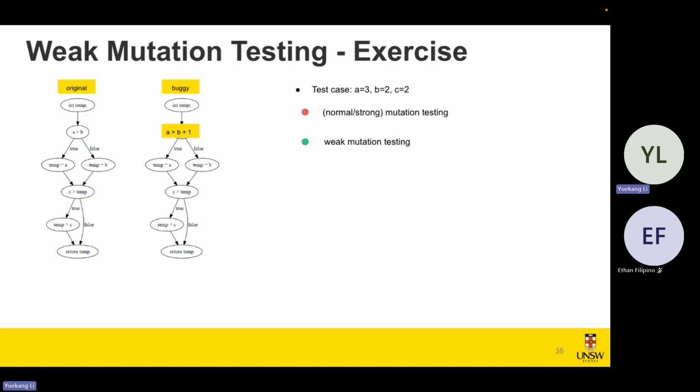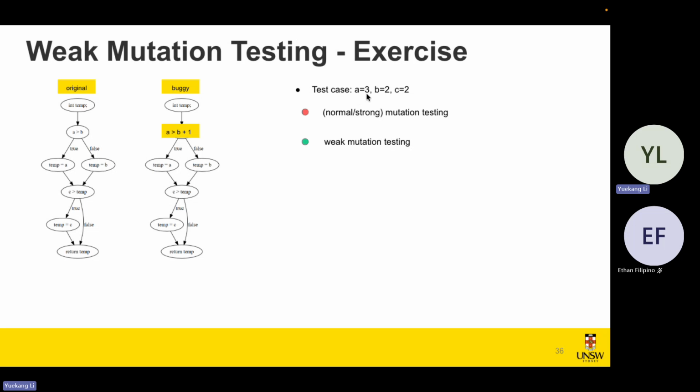So let's use the warm-up example here to show the difference between normal mutation testing and weak mutation testing. Let's assume that this is the original program, and this is the mutant we created by adding a 1 to the right-hand side operand.